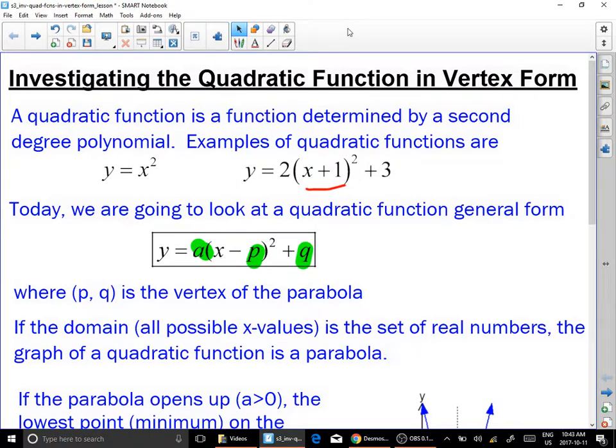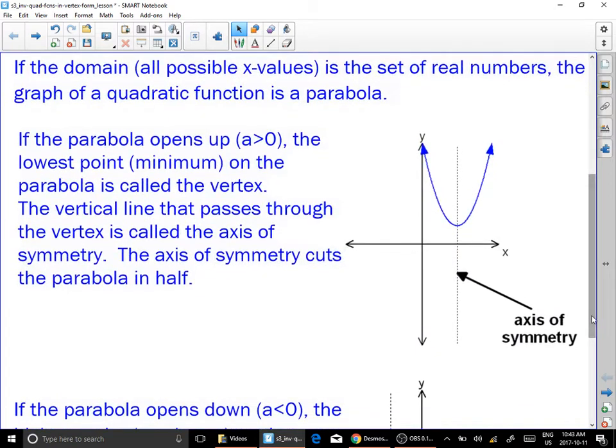Generally speaking, we can say that the domain, that's the possible x values, is the set of real numbers. This blue curve drawn right here is a parabola, and it's going to keep on going forever to the right and forever to the left.